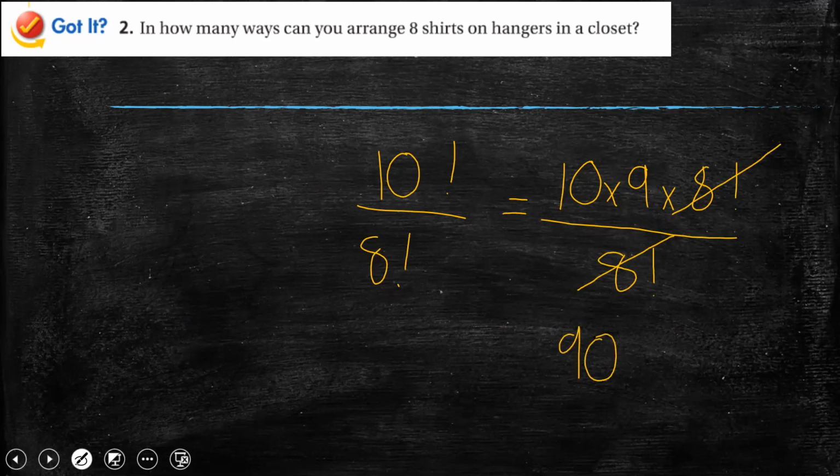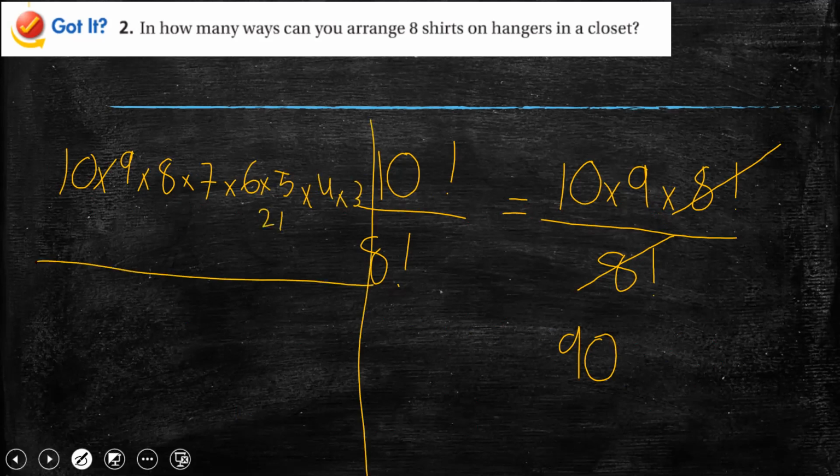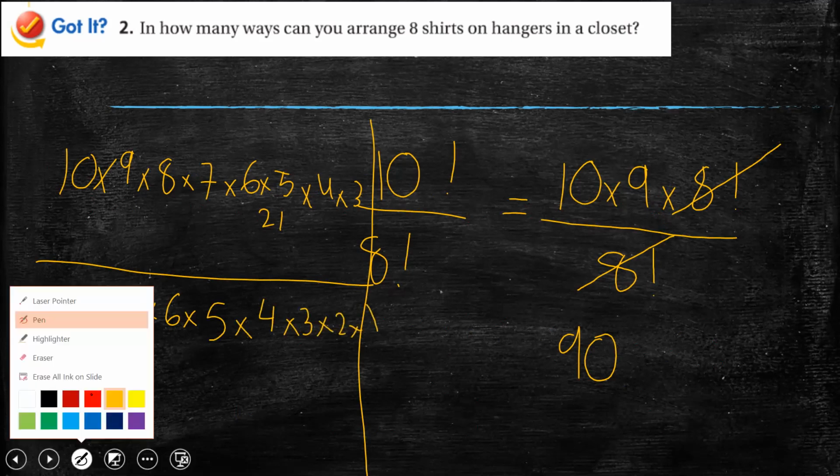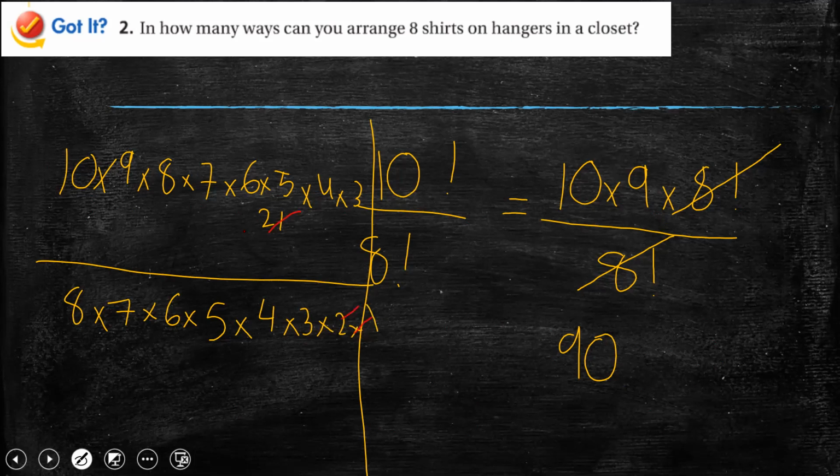If you try it in a calculator, 10 times 9 times 8, 7, 6, 5, 4, 3, 2, 1 over 8 factorial, 8, 7, 6, 5, 4, 3, 2, and 1, then 2 cancels 2, 3 cancels 3, 4 cancels 4, 5 cancels 5, 6 cancels 6, 7 cancels 7, 8 cancels 8, and you will see that you have only 10 times 9.